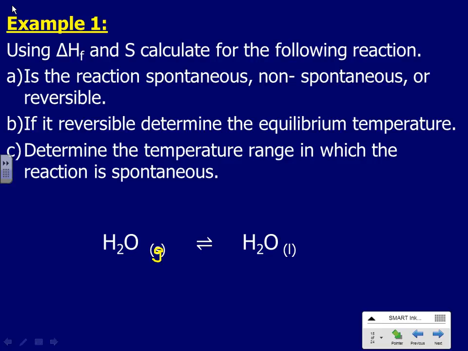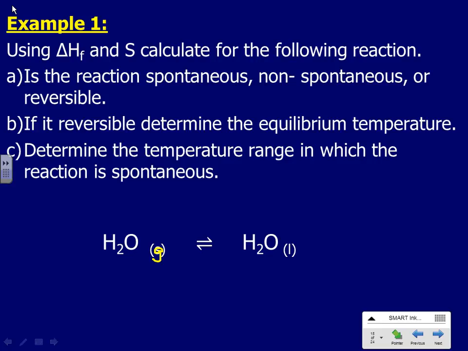So, if you want to determine spontaneity, you need to look at which one is spontaneous. In this case, the enthalpy is spontaneous. I need low temperatures in order for that to happen. So at temperatures below 370 degrees, that reaction is happening on its own.